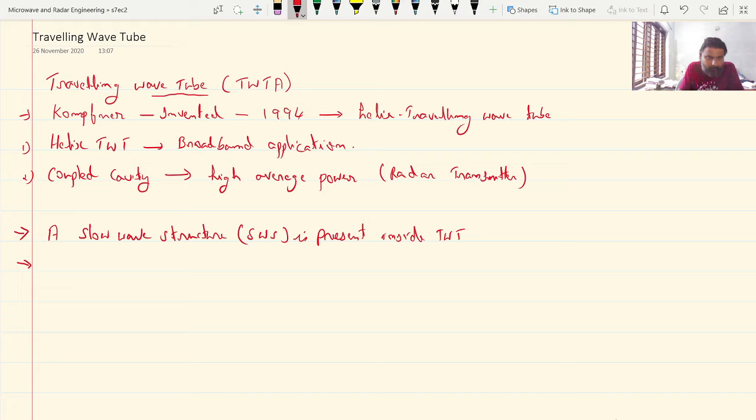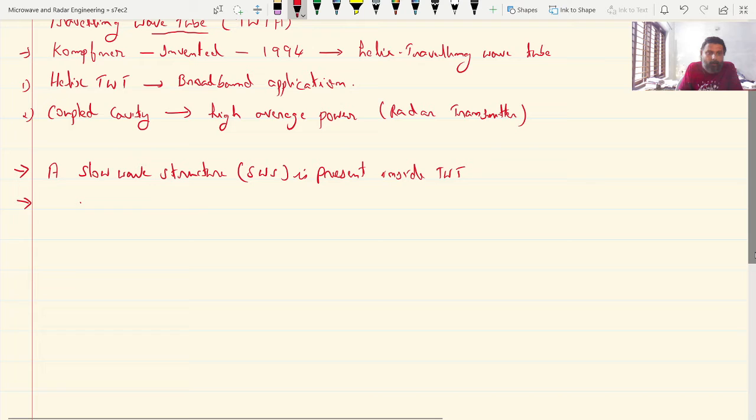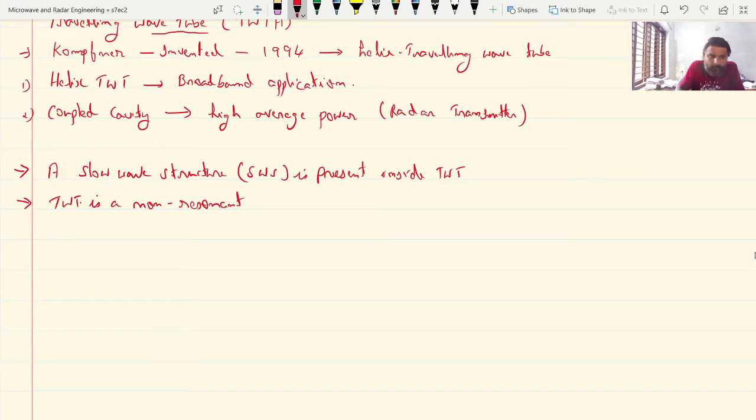Again, if we compare with the two cavity klystron amplifier, two cavities are utilized there. Here it is not like that. The traveling wave tube is a non-resonance circuit.